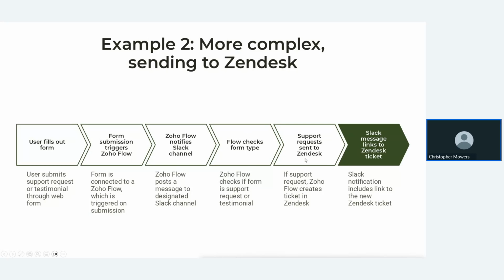And then if it's a support request, let's send it to Zendesk. Finally, what would be really nice is once it has been created in Zendesk, let's send another Slack message with a link to that ticket, right, directly. So you could go right from Slack to the ticket. So let's build that. And we can start with the one that we already have up.